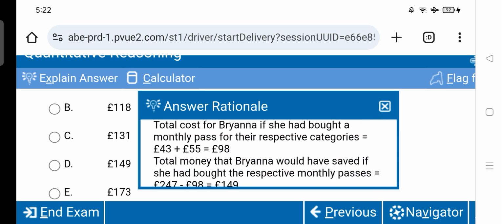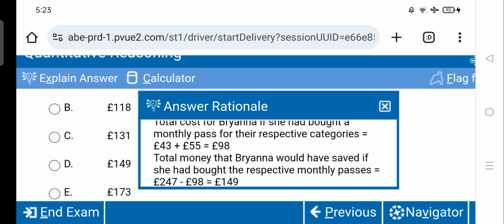Total cost for Brianna if she had bought a monthly pass for their respective categories equals 43 pounds plus 55 pounds, which equals 98 pounds.